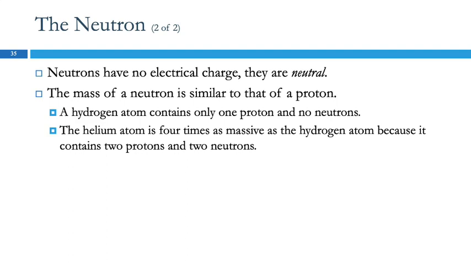So neutral particles, no electrical charge. The mass of the neutron, though, is very similar to that of a proton. So where a hydrogen atom has 1 proton and no neutrons in its nucleus, the helium atom has 4 particles, 2 protons and 2 neutrons, and that's why it weighs 4 times as much. Problem solved.